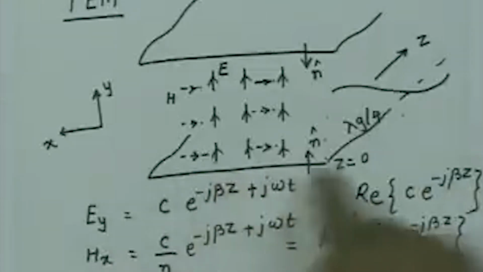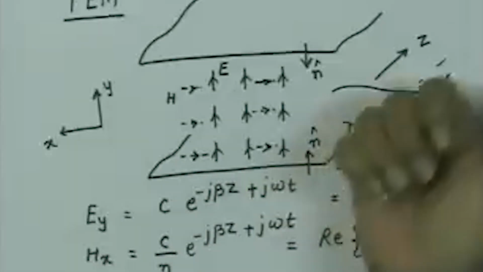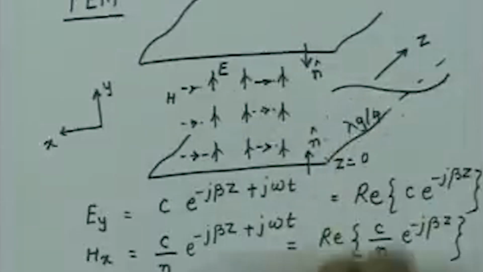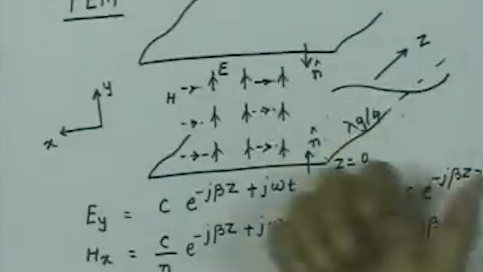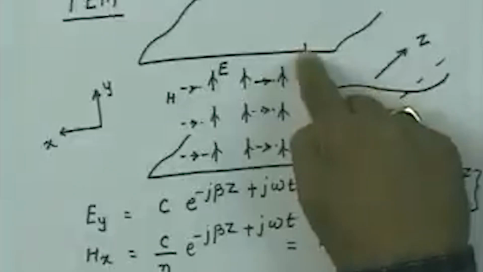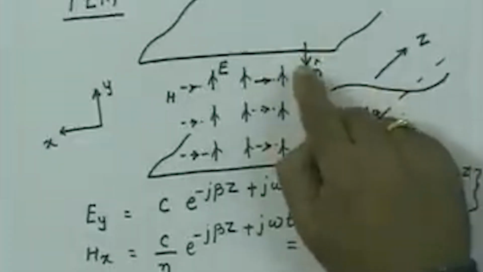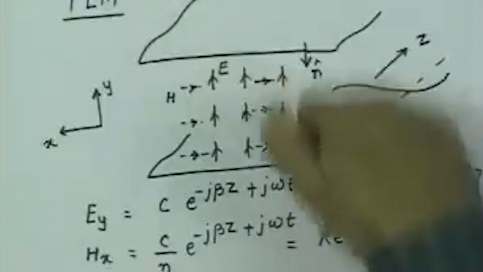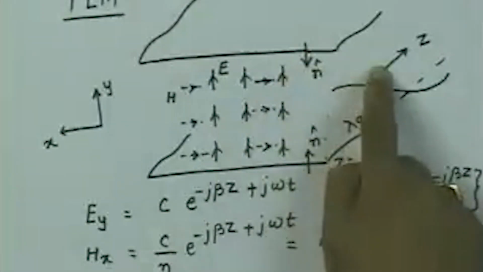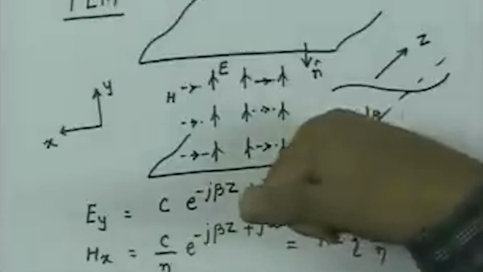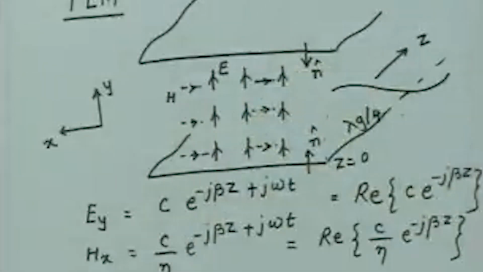Similarly, on this surface the current will be going in this direction, because I get n cross h, whereas if I go to this surface, then I will get n cross h, n is now downwards, h is this. So, I will require n cross h, which gives me the current which will be coming out.